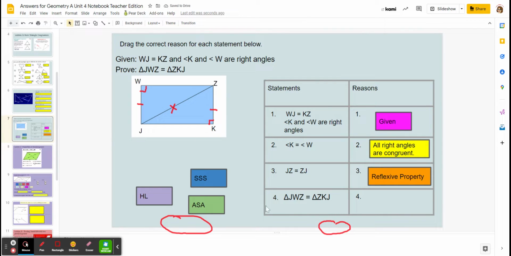And finally, why are the triangles congruent to each other? You'll notice we've got right triangles. When you have right triangles, think of hypotenuse leg. So we've got the hypotenuse here, the line they share, and a leg. So the reason these triangles are congruent is by hypotenuse leg.